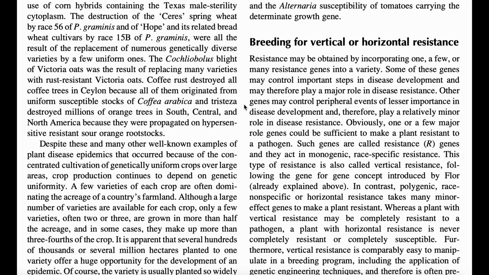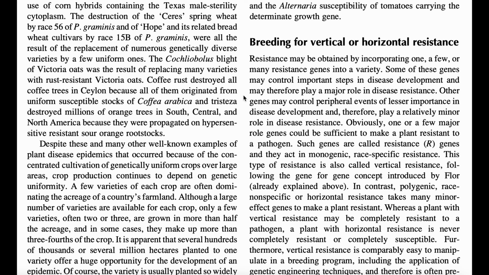Vertical resistance is monogenic and race specific, which we have seen in the earlier section. It is controlled by one or a few major genes. Which type of genes? R genes, the resistance genes. It works only against a specific race of a pathogen. That is why it is called race specific. And it follows the gene for gene concept given by whom? Flor, right?